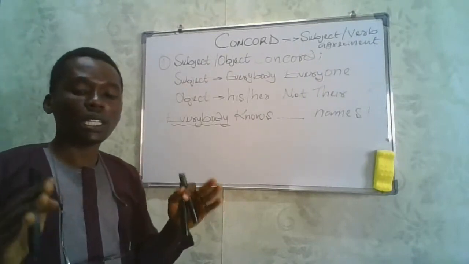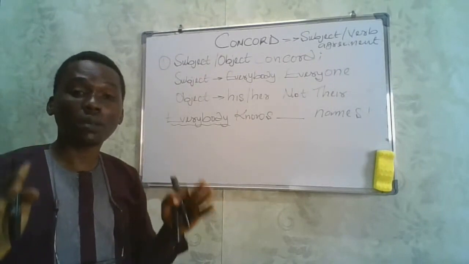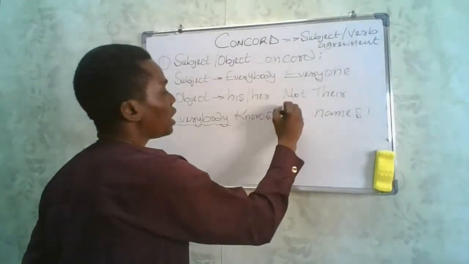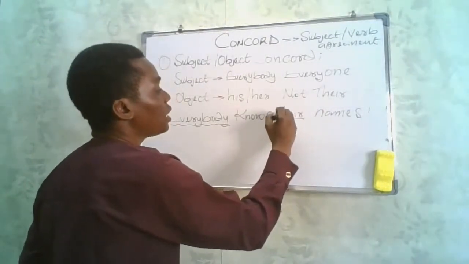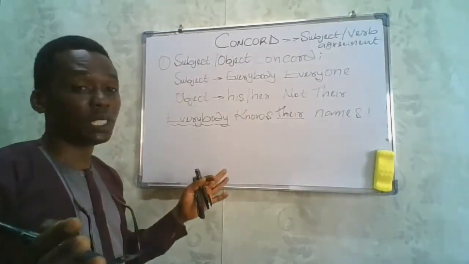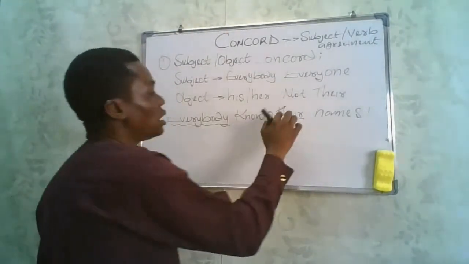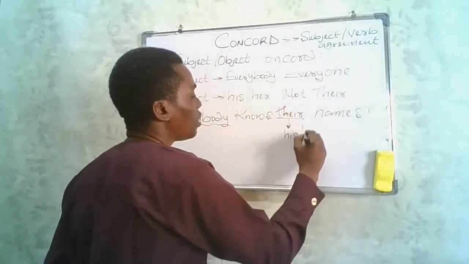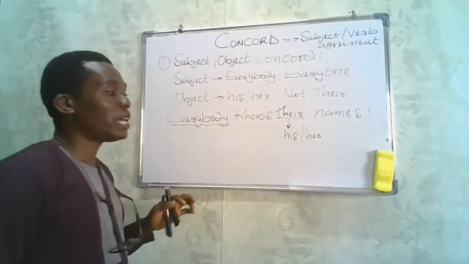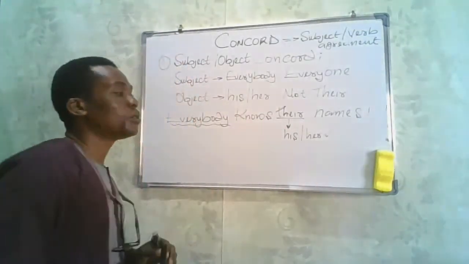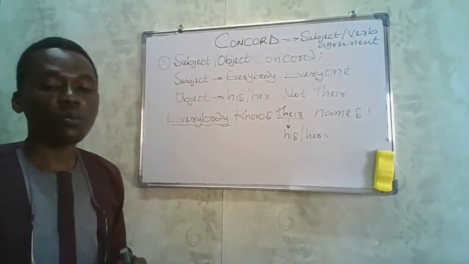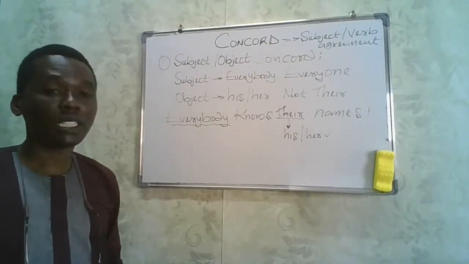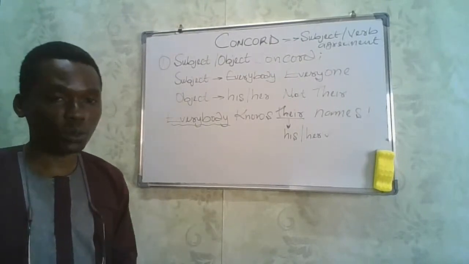Now, everybody their is American English and is not acceptable in JAMB. In American English, we can say, everybody knows their names, but when you are sitting for JAMB, this is not acceptable. You either use he or her, and that is the correct term. So everybody knows his or her names. Under JAMB examination, that is exactly what we should use.